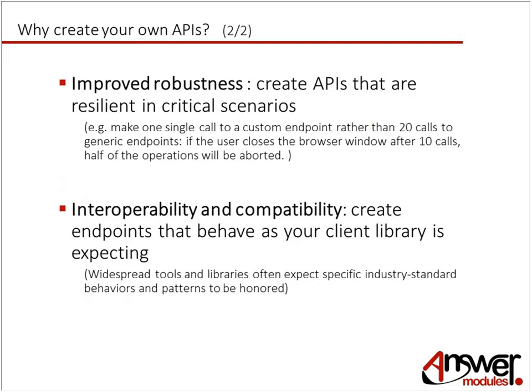So if you have an operation that requires, let's say, 10 different calls, and the calls are made through the user's browser, you have no control on the fact that the user at a certain point in the middle of a long-running operation could decide to close the browser, and you will probably have a problem to manage on the server. And this is one scenario in which you would probably want to consider having a single endpoint that will take care of all the backend work and only expose a single endpoint to the GUI or the client.